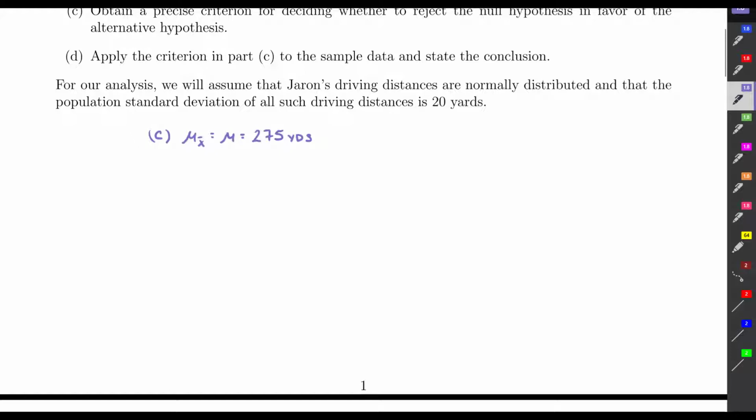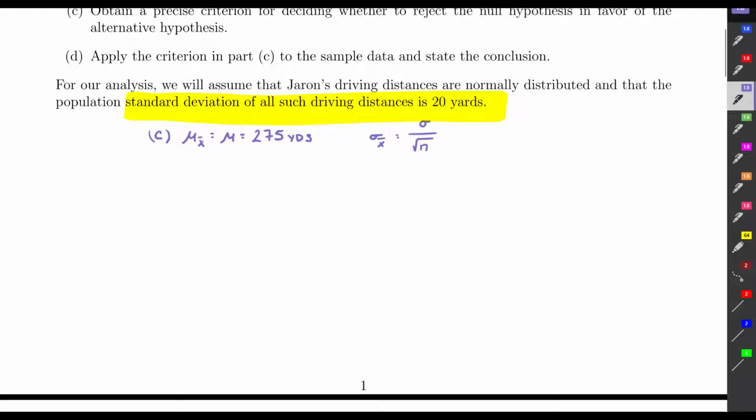The next thing we want to do is calculate our sigma sub x bar, the standard deviation of the sample. And remember, we find that by taking the population standard deviation divided by the square root of the sample size. I forgot to point out that in this problem, we are given a population standard deviation of 20 yards. We're going to talk more about that later in a future set of notes because we don't always know the population standard deviation.